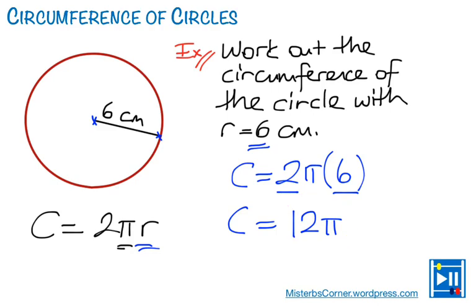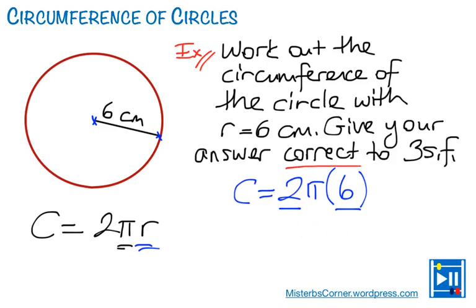Whereas if it says give your answer correct to 3 significant figures, then after the substitution step, you can just write all this into your calculator and find 37.699 and so on. This goes up to infinity, that number. But that's the reason why they're asking us to write our answer to 3 significant figures.